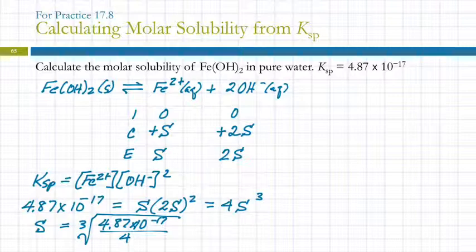So now it's flashing with the cursor, and now I'm going to type in this part underneath: 4.87 times 10 to the minus 17th divided by 4 equals. And I'm getting 2.3 times 10 to the minus 6 molar. That's the solubility of iron 2 hydroxide. Any questions?